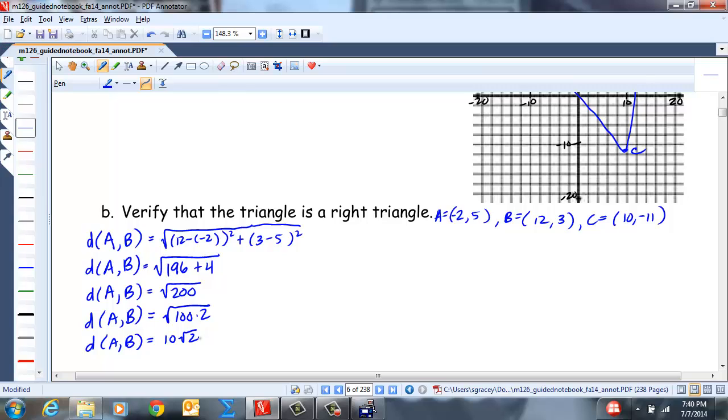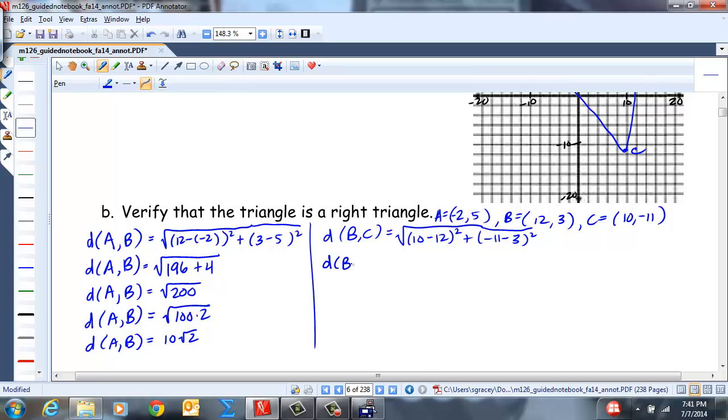All right, so we said next we were going to do B and C. Those are the two sides of the triangle. So this will be the square root of 10 minus 12, the quantity squared, plus -11 minus 3, the quantity squared.